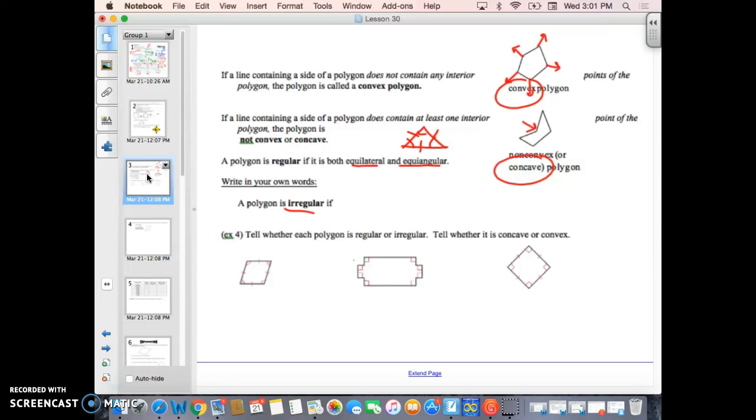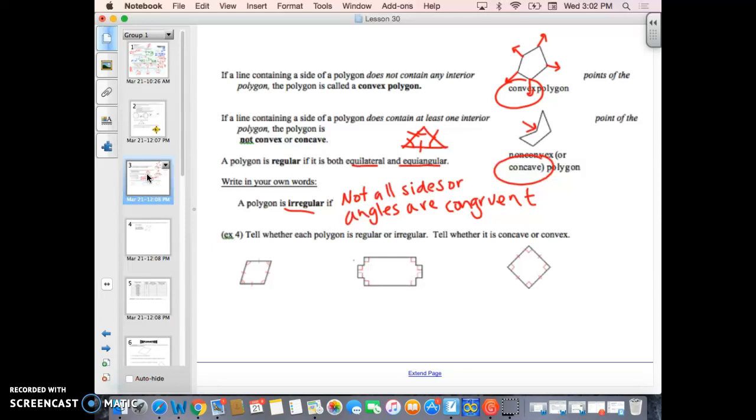So that means not all sides or angles are congruent. So that means just one side being 1 centimeter off makes it irregular, excuse me. All right, so you're going to tell whether these polygons are regular or irregular.